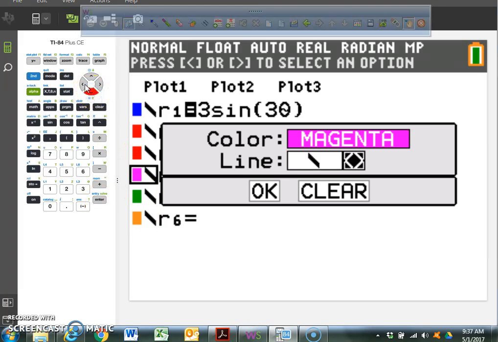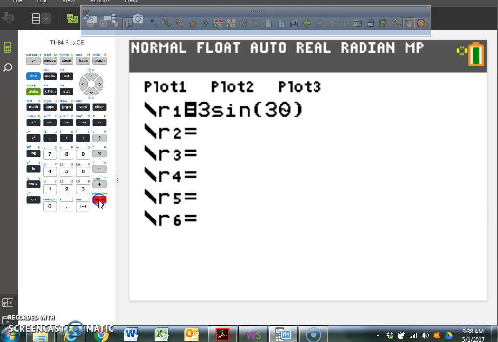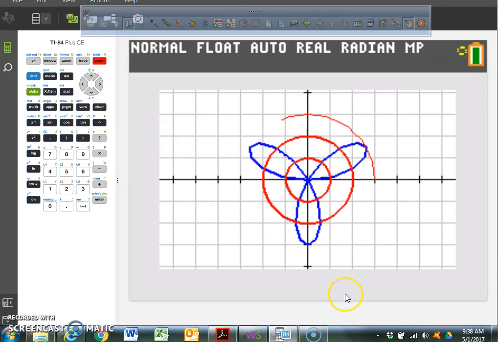Going to change it to red. There we go. And right now, what I'd like you to do is make this r1, this one r2, this one r3, and then hit graph.